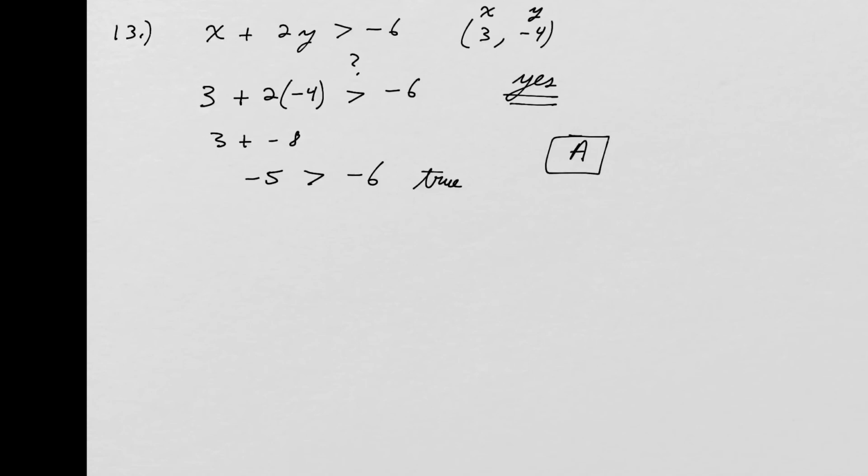Okay, 14, we're actually asked to graph now the inequality in 2 variables. So here we have -2x minus 4y is less than or equal to 8.